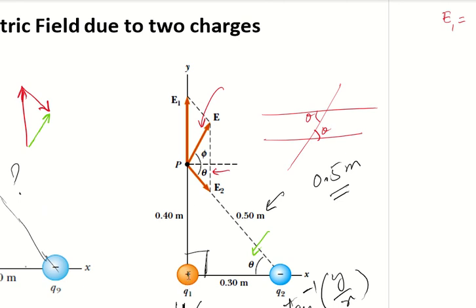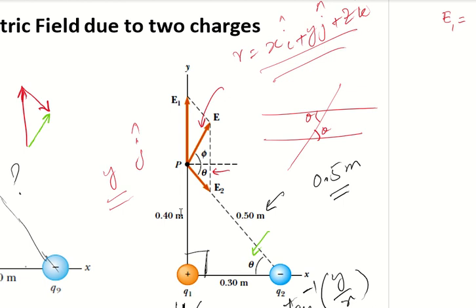This Q1 and this point P are in line, and if we call this direction our y direction, then it has only a y component, and for the y direction we use the j unit vector. You remember that for any vector we have x with the i unit vector, y with the j unit vector, and z with the k unit vector. That is always the terminology that we use for unit vectors.